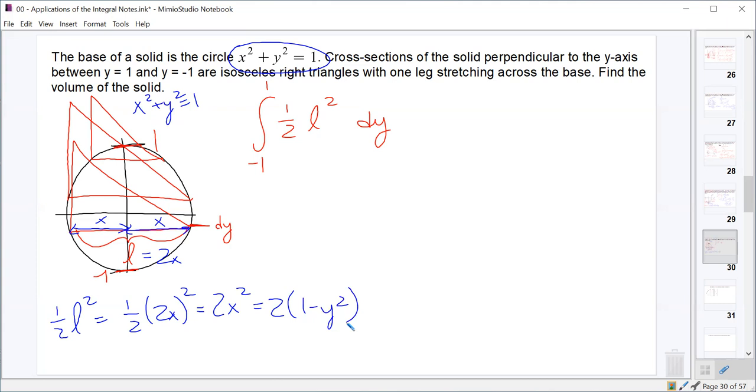And so this integral is now going to become 2 times the integral from -1 to 1 of 1 minus y squared dy.